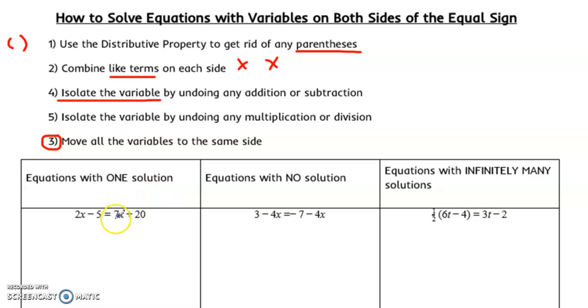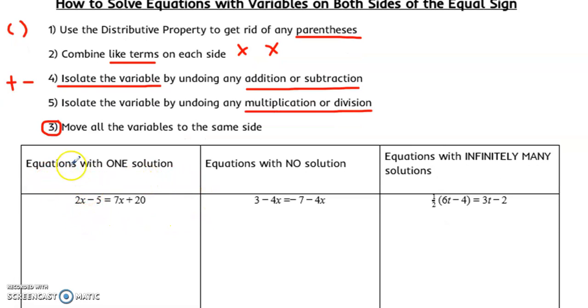So we're going to get the x all by itself by undoing addition or subtraction. And then step 5 is we're going to isolate the x by undoing any multiplication or division.